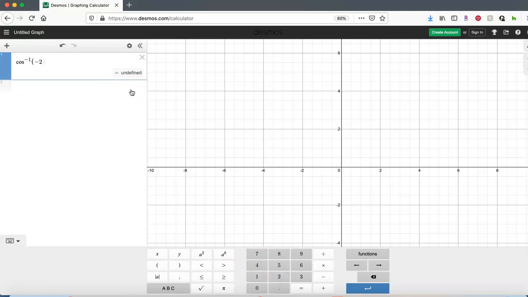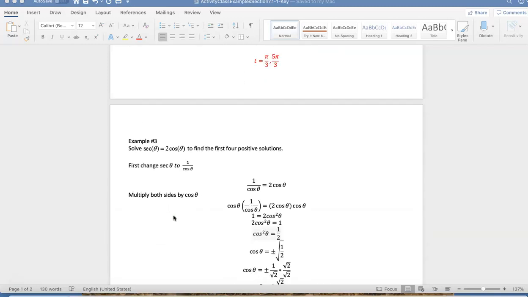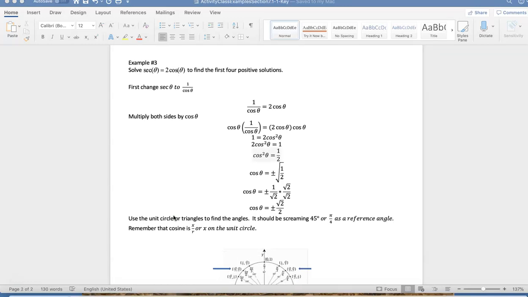So cosine function values are always between negative 1 and positive 1. So you would not have a solution. It's undefined. So these are the only two solutions that you have. That was example 2. Last but not least is example 3 for this little exercise.